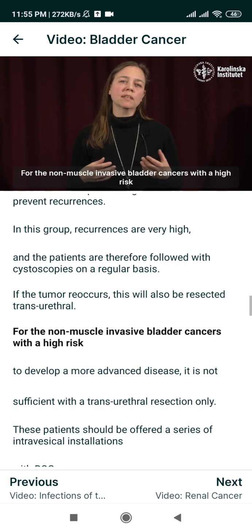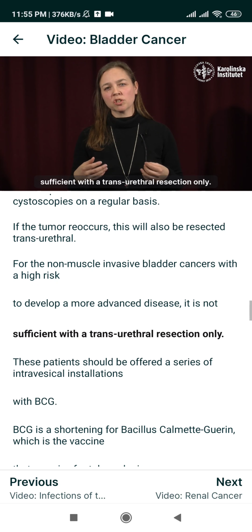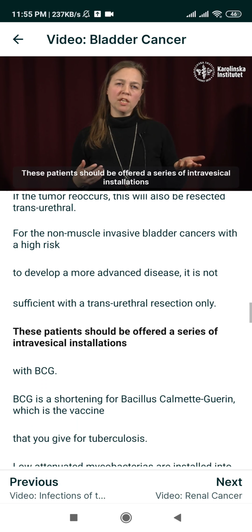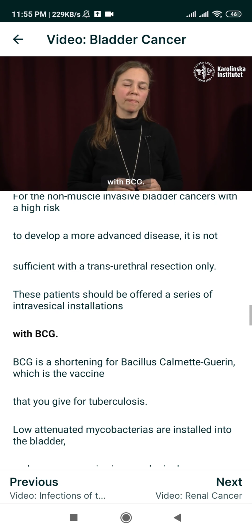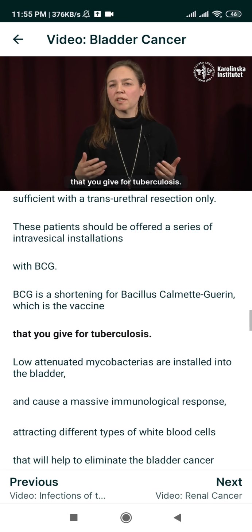For the non-muscle invasive bladder cancers with a high risk to develop a more advanced disease, it is not sufficient with a transurethral resection only. These patients should be offered a series of intravesical instillations with BCG. BCG is short for Bacillus Calmette-Guérin, which is the vaccine that you give for tuberculosis.